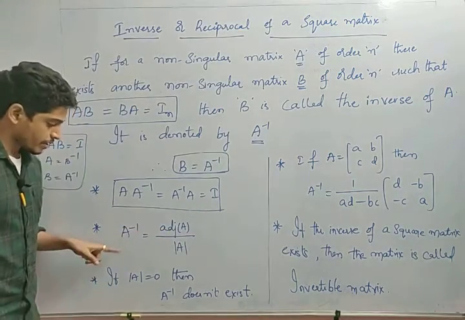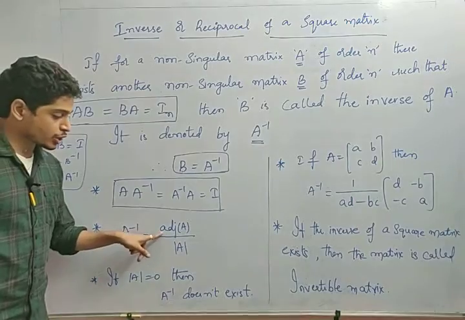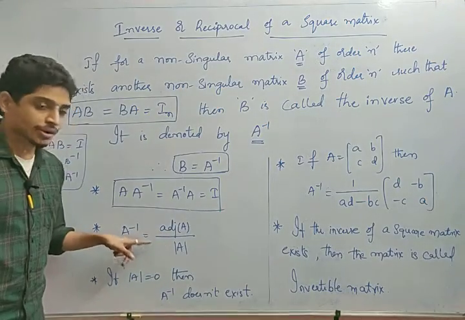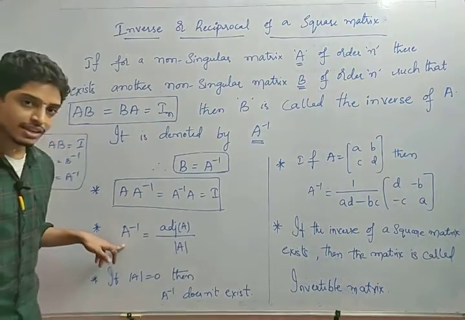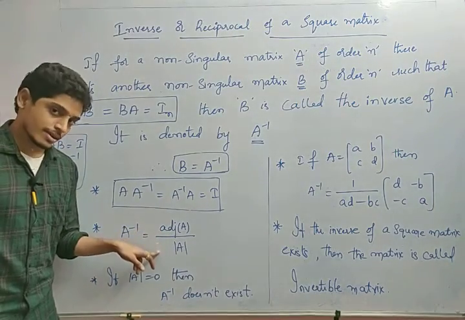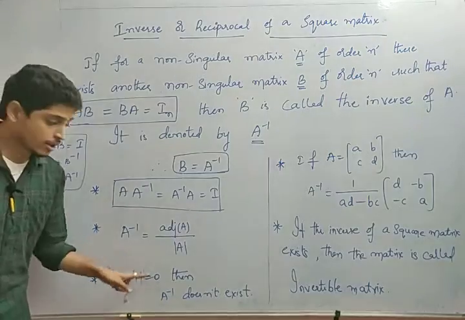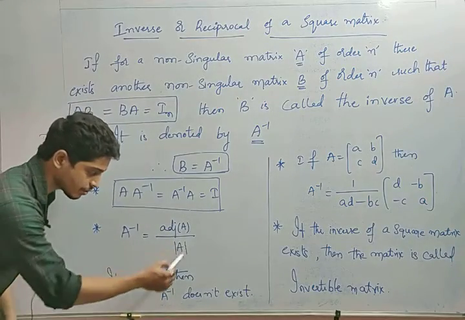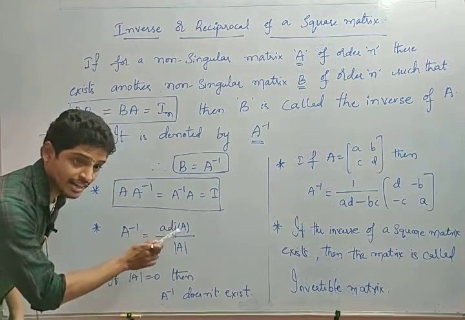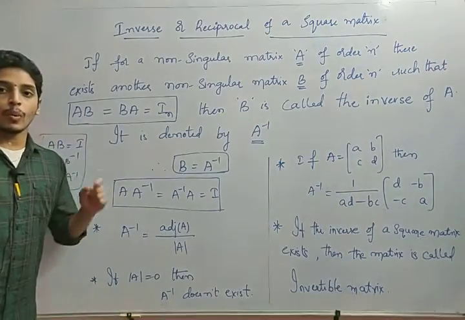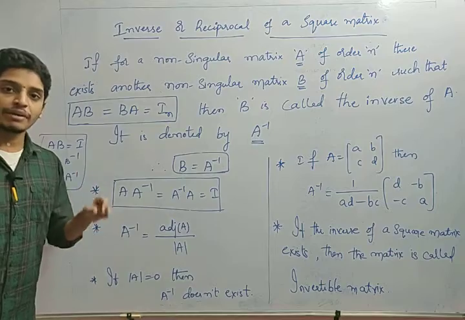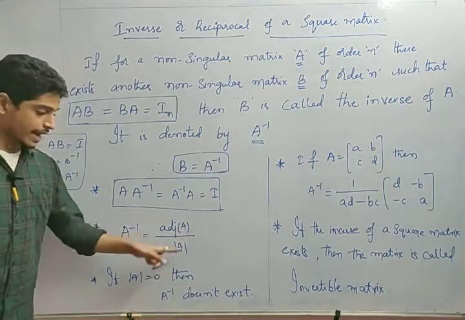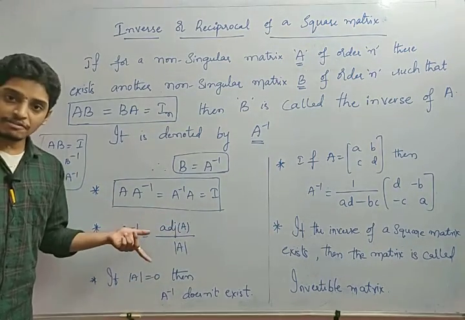Okay, next one. A inverse is nothing but adjoint A by determinant A. This is the important relation between the adjoint and the inverse of a matrix. Okay, A inverse is nothing but adjoint A divided by determinant A. Now, if this determinant becomes 0, then A inverse becomes undefined. So, remember, whenever the quantity in the denominator becomes 0, then the entire division will become undefined, right?